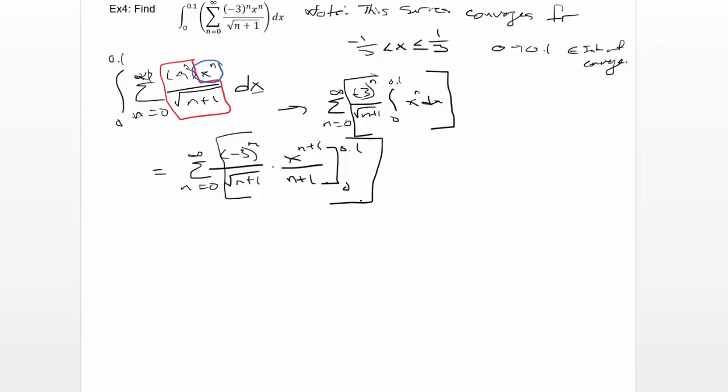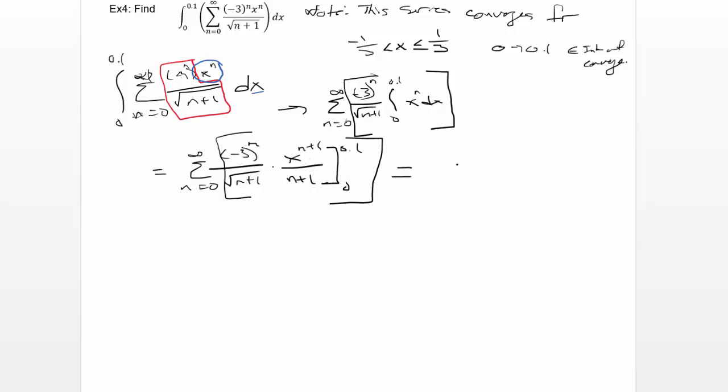This is pretty easy to evaluate because when I plug in 0 for x, this is 0 to increasing powers, which is 0. 0 divided by anything is 0, 0 times anything is 0. When I substitute in 0, this entire expression is just a sum of a bunch of zeros, which is 0. When I plug in 0.1, I get something a little more interesting, and that's just replacing x with 0.1.